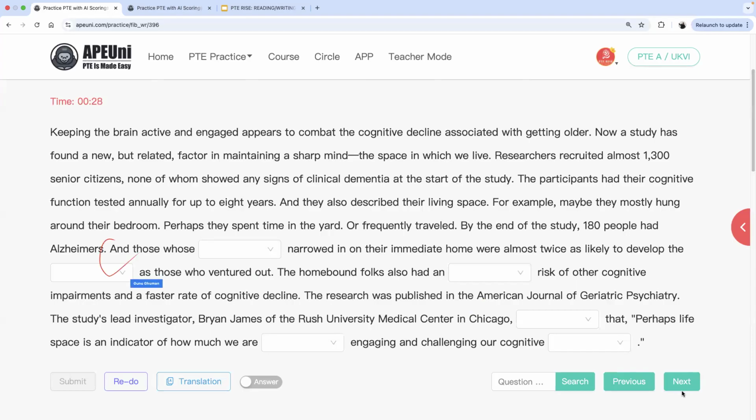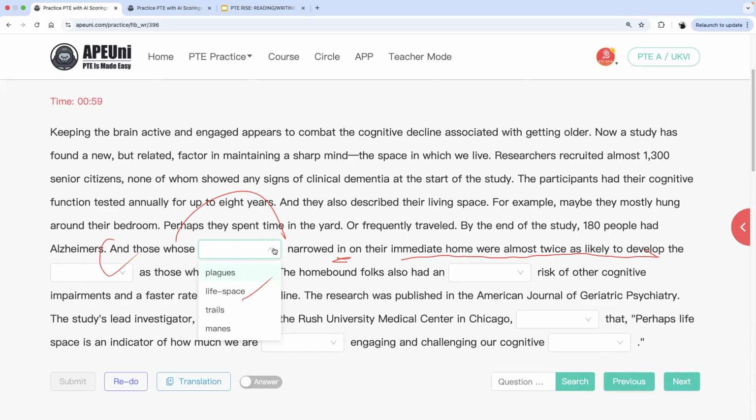And those whose dash narrowed in and their immediate home were almost twice as likely, and whose dash narrowed in. What can be narrowed? See, I'm going to guess it: life space.